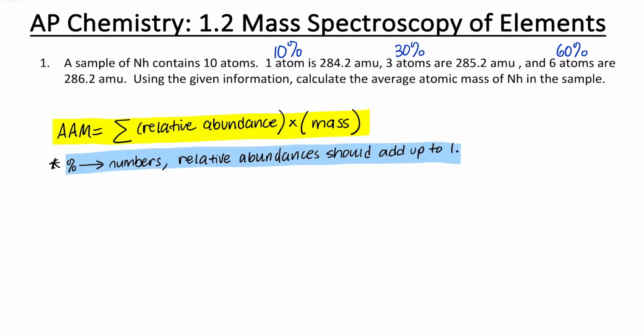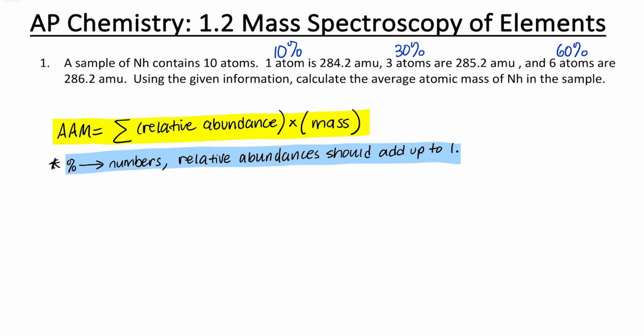You would have to convert them to numbers in order to substitute in this position here. So the relative abundances should be in number form, and all the relative abundances should add up to 1. Really pay attention to that detail there.